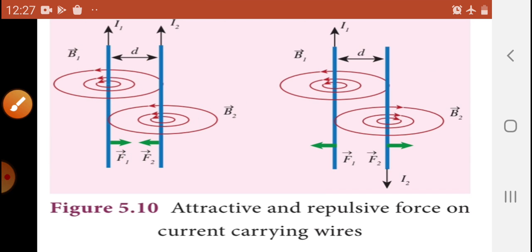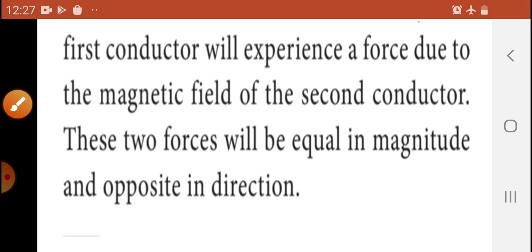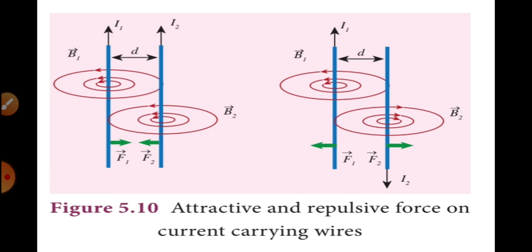The magnetic field around it creates a force on the other conductor also. So the same current direction means the forces are attractive. They have given F1 and F2 in green color here, and it will be attracted. So this is the attractive force on current carrying wires or conductors.